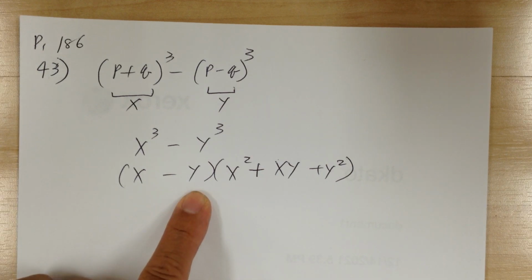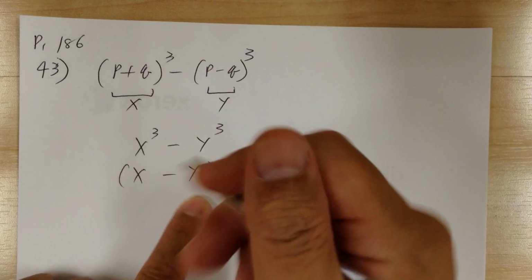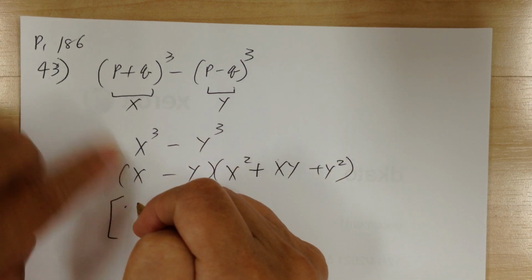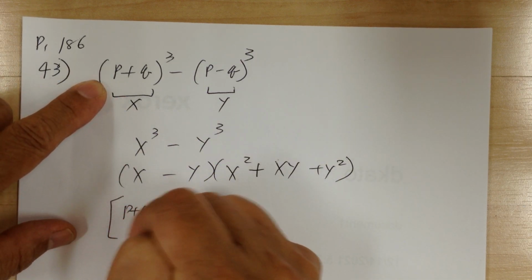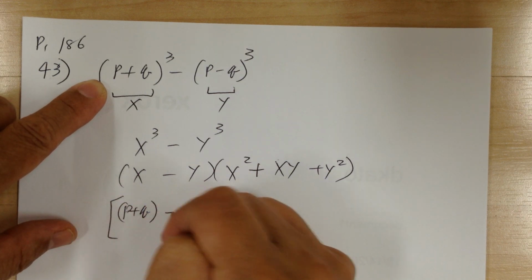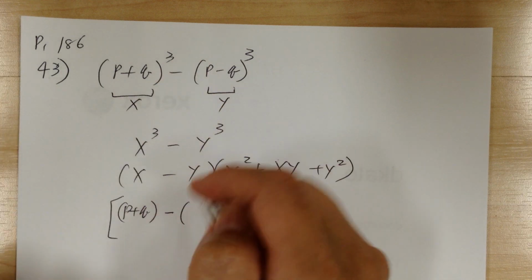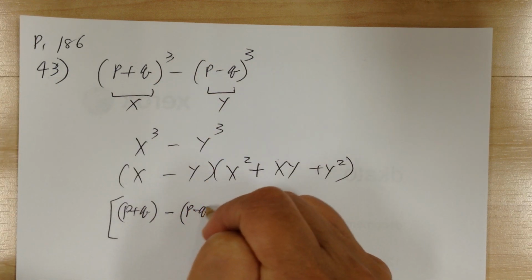So now once you've done factoring, you can substitute back. The x is p plus q. Again, remember when you substitute, make sure you put in parentheses because of the negatives and subtractions. So y is p minus q.